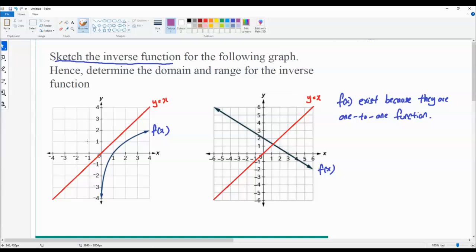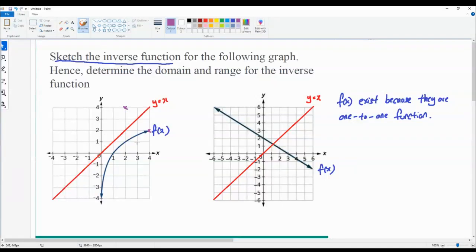So the inverse function is a mirror image of this one. It's a reflection. We can see from here, this point is located at 4, 2, right? So the reflection point will be located at 2, 4. So it is here.